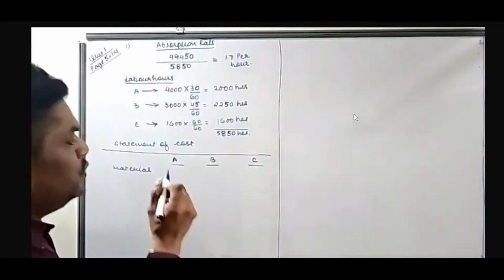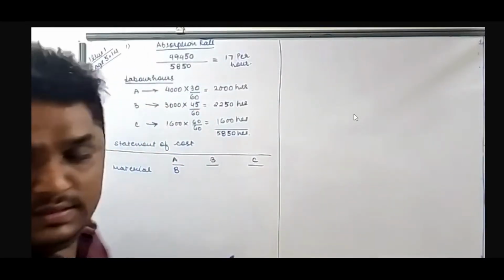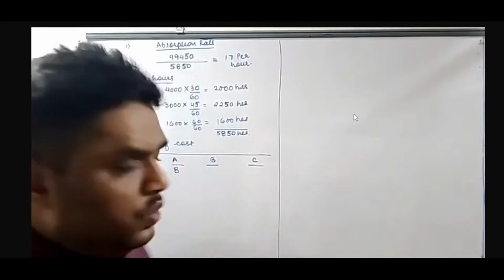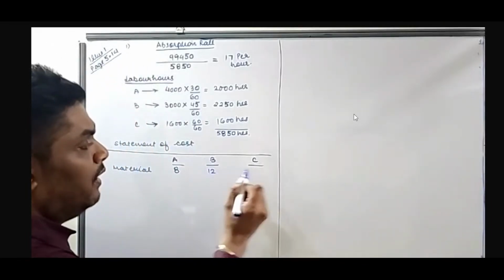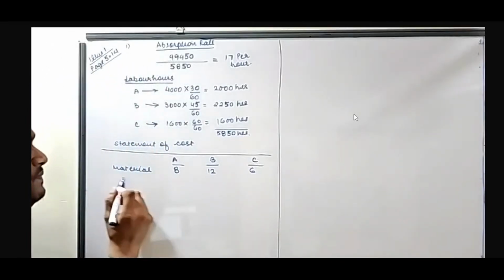So 4 into 2, 8 rupees. 6 into 2, 12 rupees. And 3 into 2, just 6.